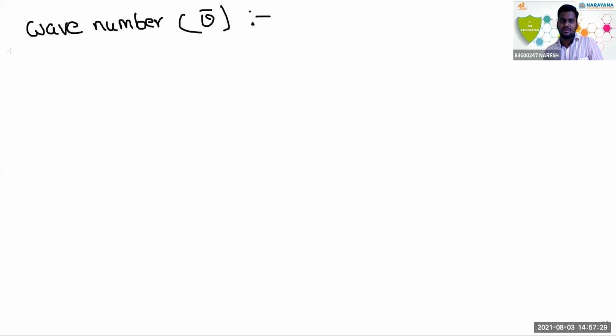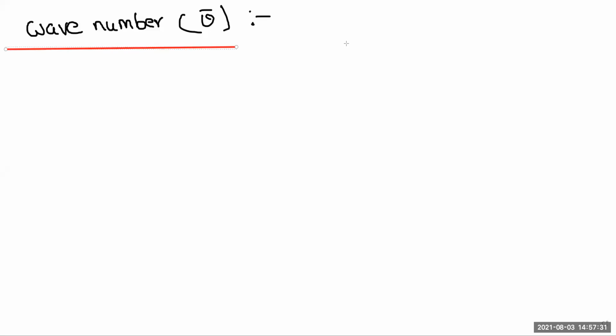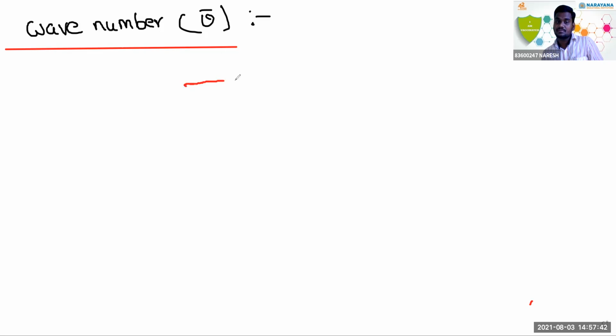Tell me the definition of wave number. The number of waves present at any time in unit length, for example 1 meter or 2 meters or 3 meters.